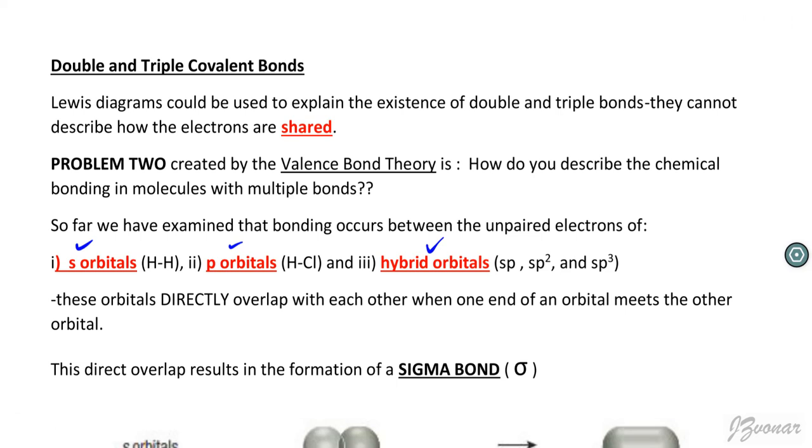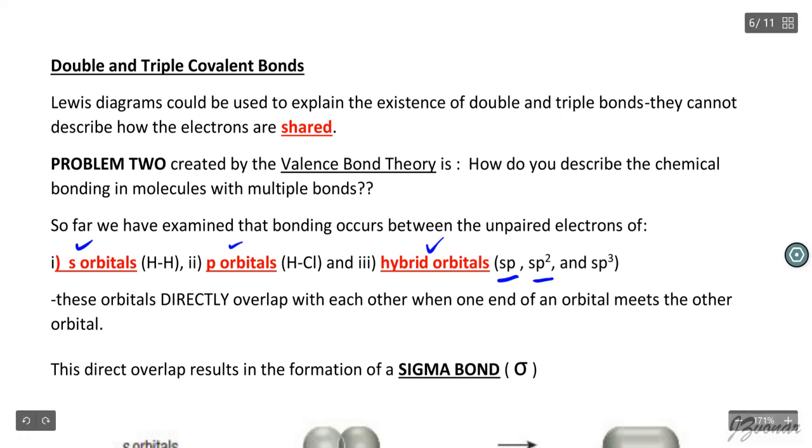And we learned about three different hybrid orbitals. First one being the sp orbital, which we saw in beryllium atoms due to the promotion of one electron into an empty p orbital. This is a linear structure, and this sp hybrid is able to form a maximum of two covalent bonds.